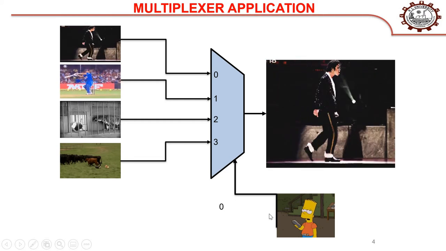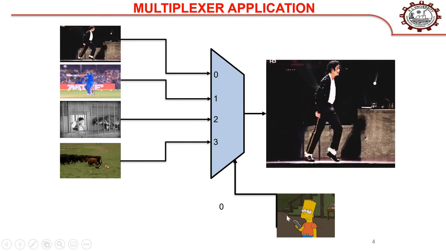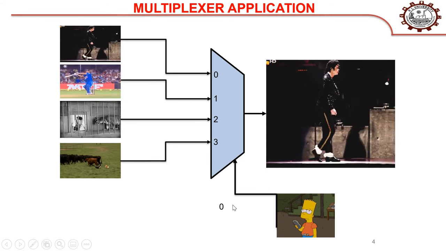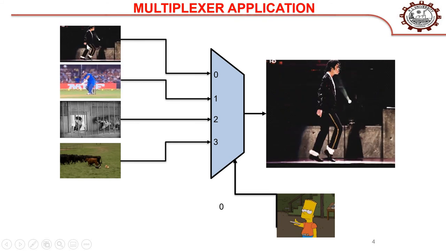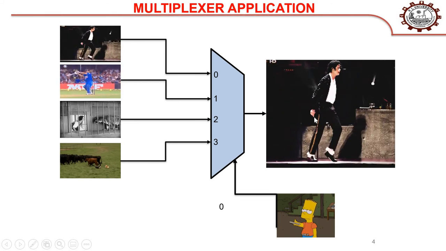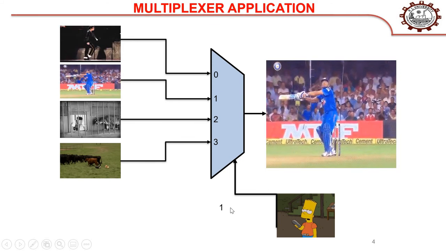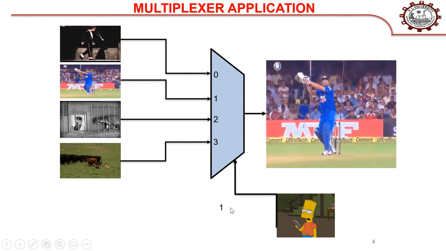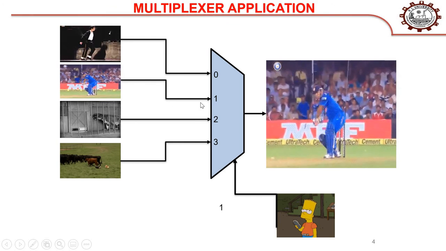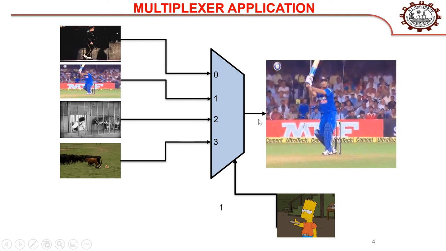Now look at the output. When I press 0 from the remote, channel 1, which is a music related channel, is displayed here. If I press 1 from my remote, then the second channel is connected, so you are able to see the sports.